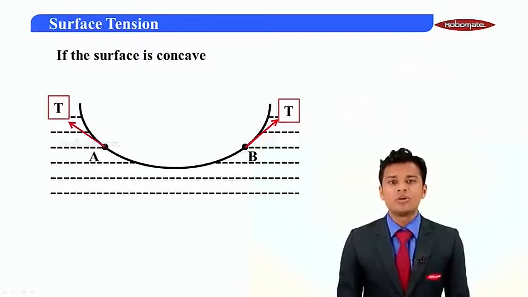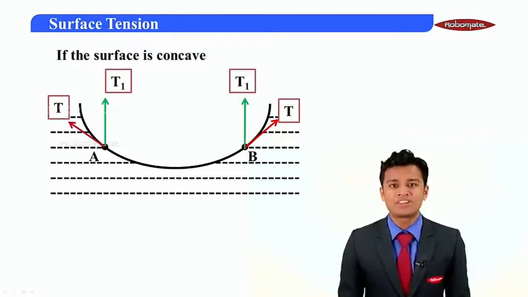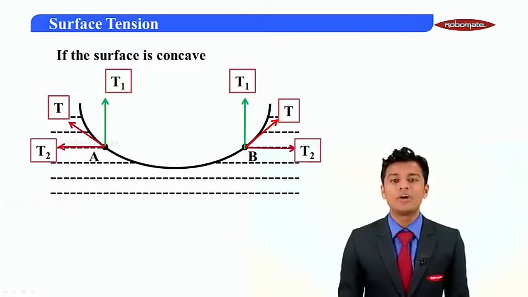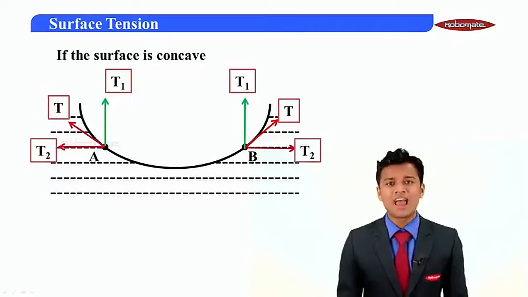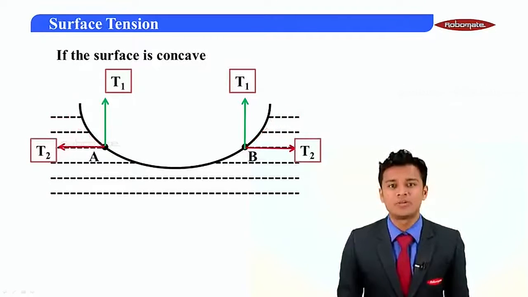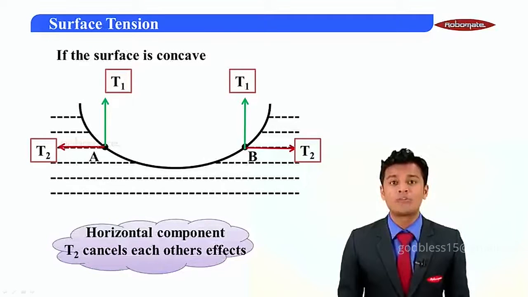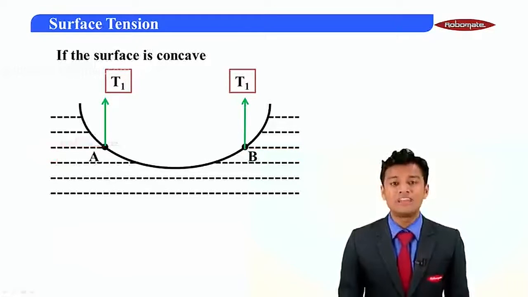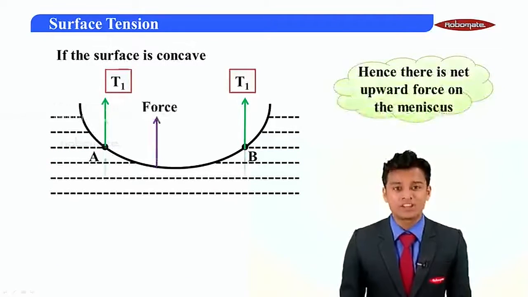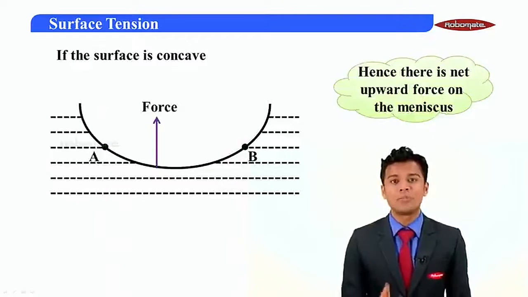Now, if you do resolution of this tension, it would be T1 in the upward direction and T2 in the horizontal direction. Since I have done the resolution of the vector, the original vector need not be considered now. The horizontal component of tension, T2, cancels each other's effect. So I have only T1 and that is in the upward direction, and hence there is net upward force in the meniscus.